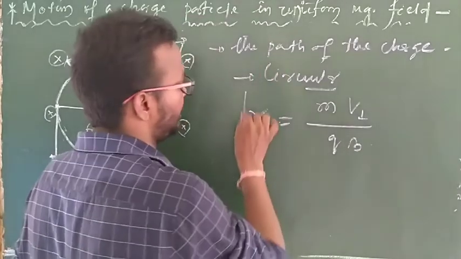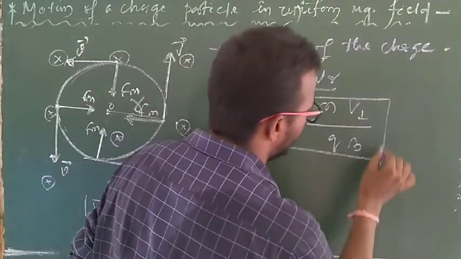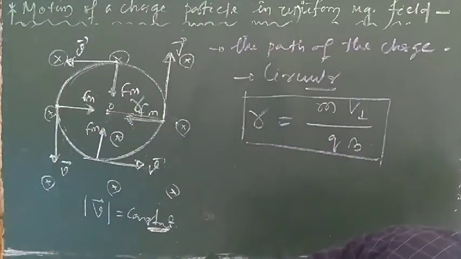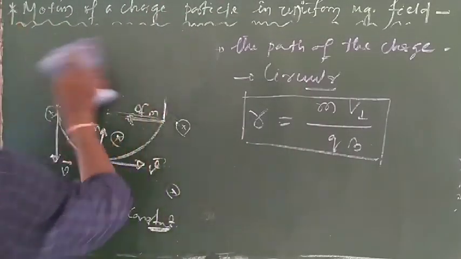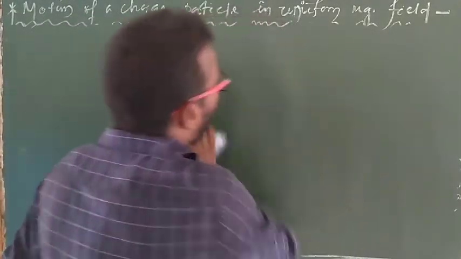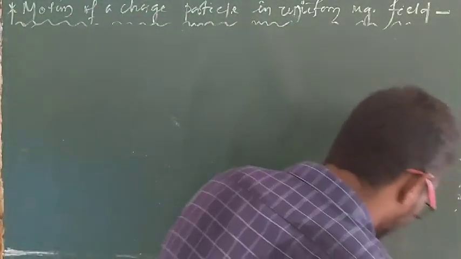You have to remember this relation: the radius of the circular path, r equal to mv by qB. Clear?